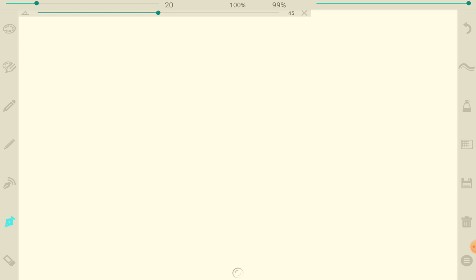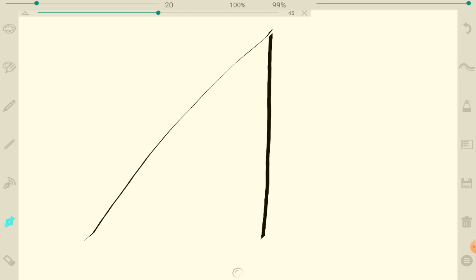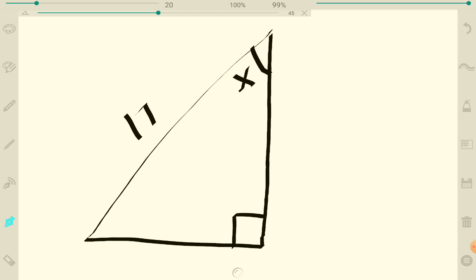Our second problem, we're going to be doing another basic problem. We're going to draw a 90-degree triangle. Label our 90-degree angle. We get x as the angle we are trying to find. We know the hypotenuse as 17 and this side as 8. So we can start off by labeling our sides that we know. Side opposite from this is opposite.